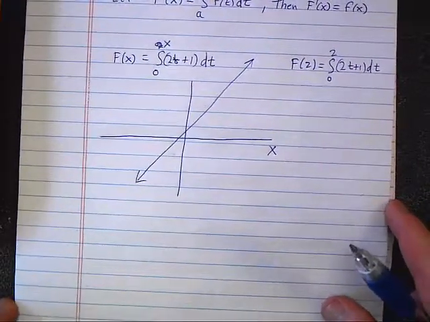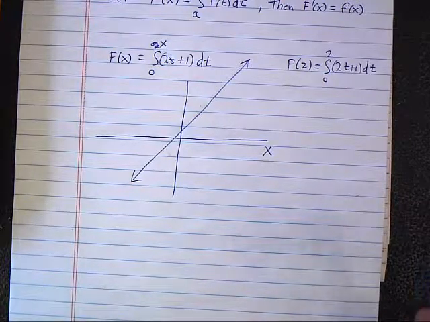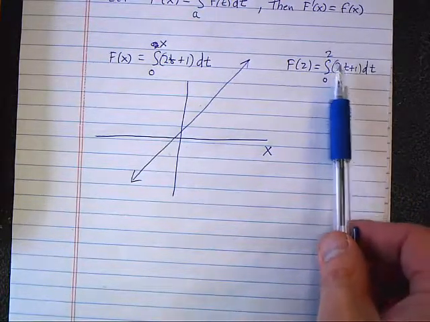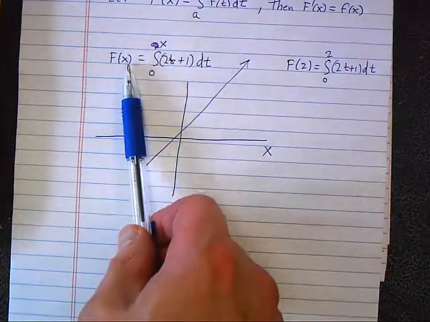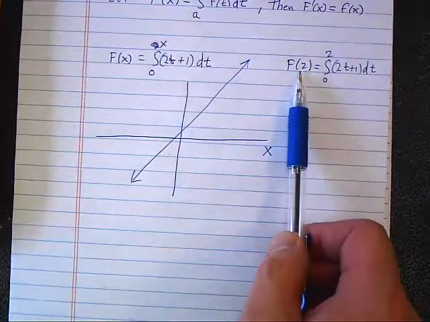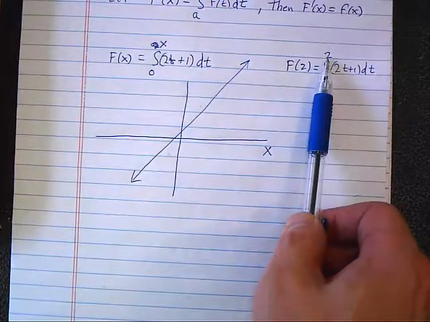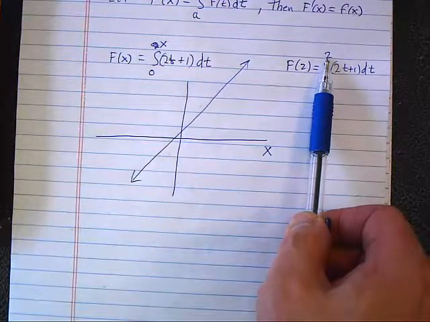So notice F of x. So my x is here, my x is here. So if I plug 2 into this function, it means I plug 2 in right there. It's not that hard. You'll see in a second.